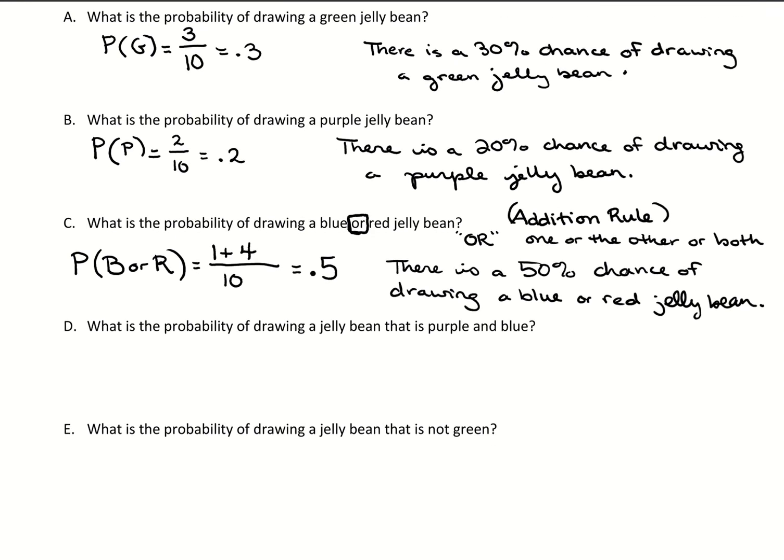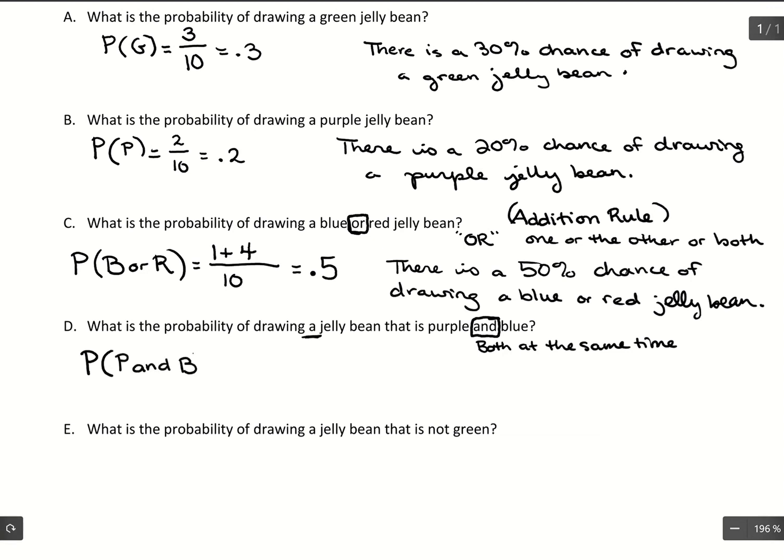What is the probability of drawing a jelly bean that is purple and blue? So this word and is kind of exclusive. Here we're drawing a single jelly bean, so it's like we're looking at these 2 characteristics at the same time. So we want both qualities at the same time. So with that, if we're looking for this probability of purple and blue, then for our numerator, we want all of the jelly beans that are both purple and blue at the same time, which we don't actually have any jelly beans with that property.